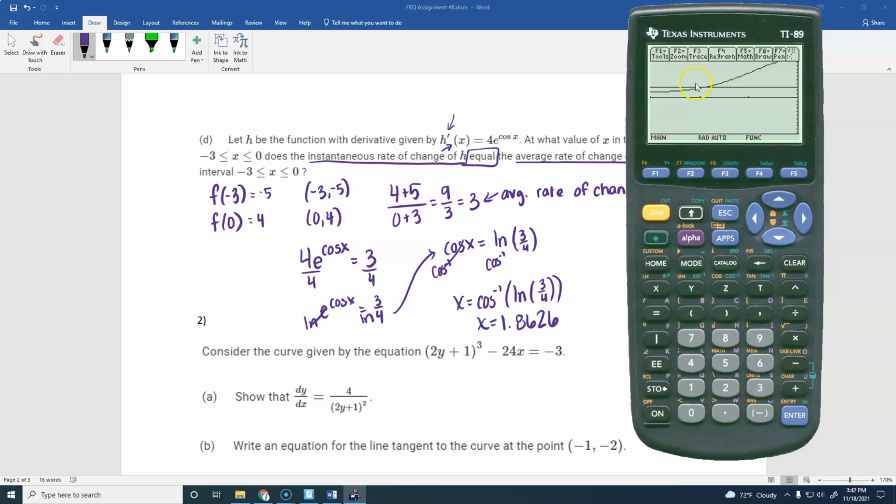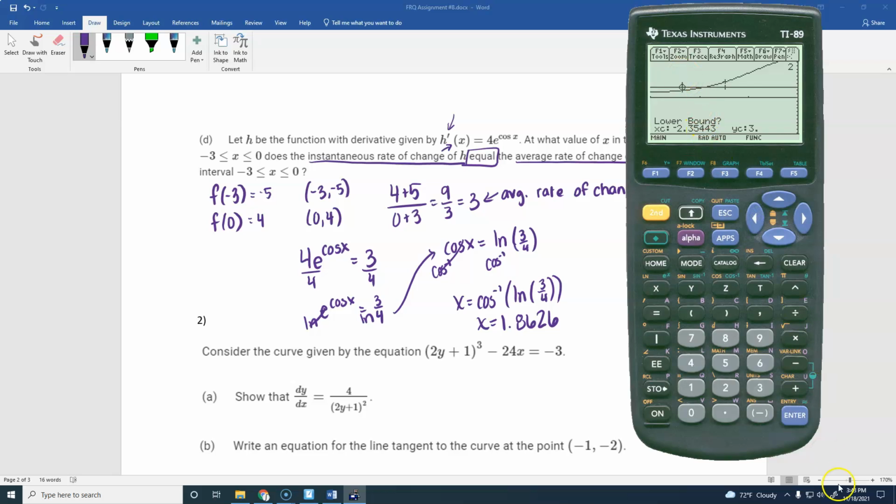To find intersections on this calculator, you're going to do math, F5, which is math, and go down here to intersection. You have to tell it first curve, then it's going to jump down to the other one and say second curve. When it says lower bound, it means the left bound, really. Or on the 84s, it says left bound.